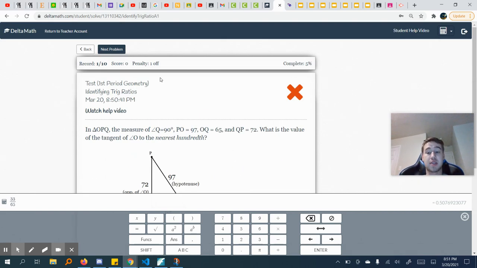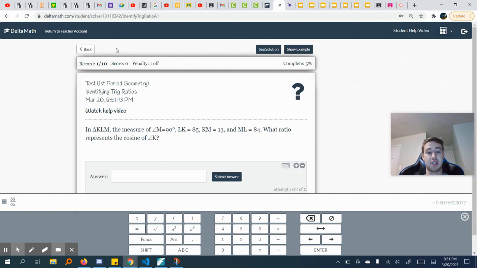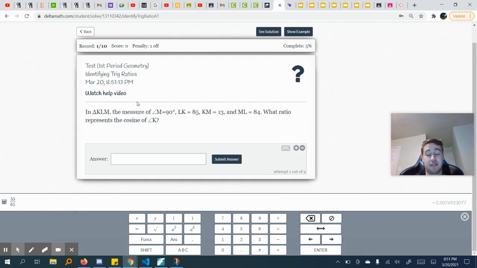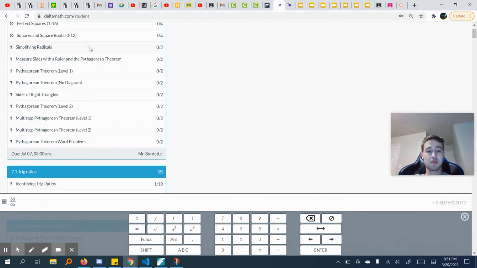Now, all of these problems in this first part of the lesson are going to follow these patterns. We've got SOHCAHTOA, and you need to identify opposite over adjacent for tangent, opposite over hypotenuse for sine, and adjacent over hypotenuse for cosine, and just figure out which ones those are on our right triangle.